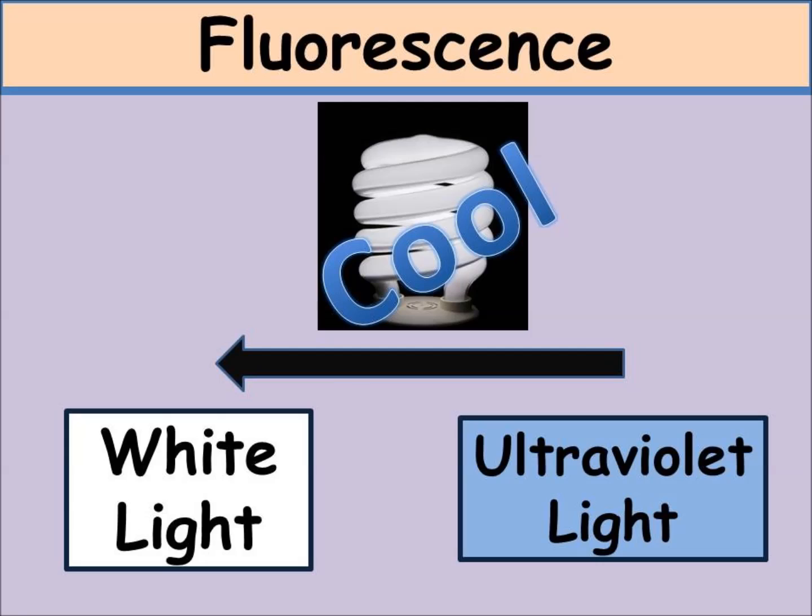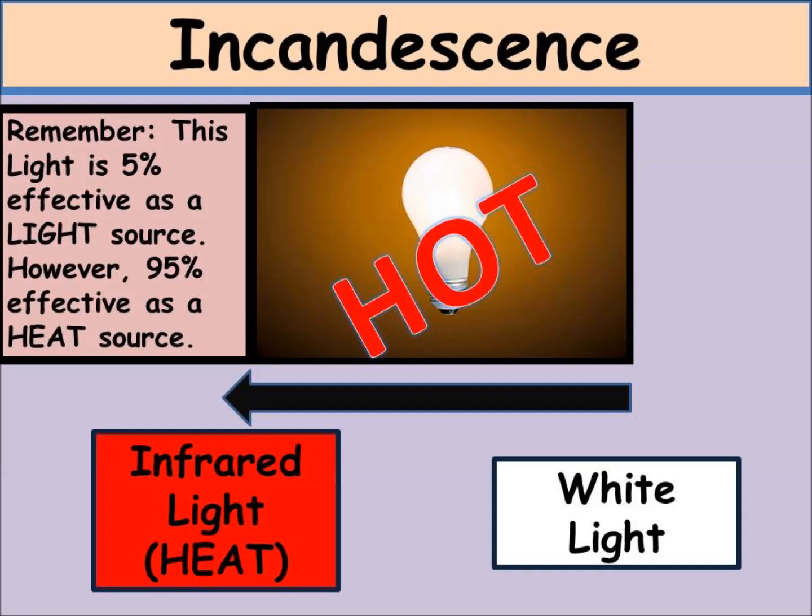Incandescence is going in the other direction, from visible light to infrared light. So remember, this light is 5% effective as a light source, but 95% effective as a heat source. So going from white or visible light to infrared, that's going to be incandescence.